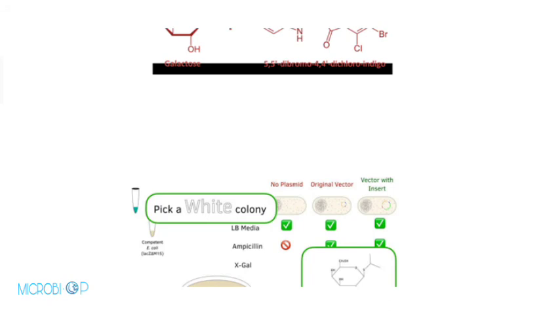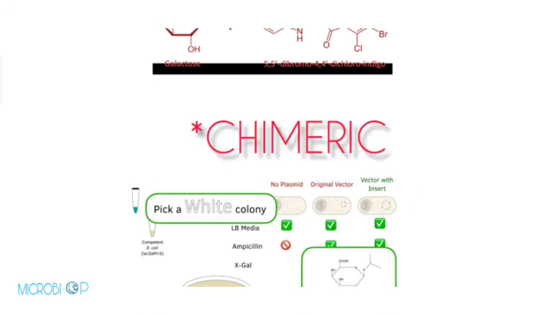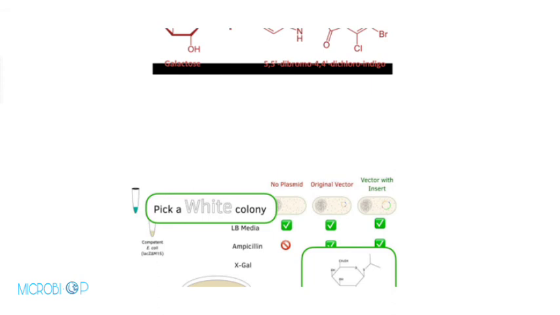Blue colonies are produced when the N terminal remains as it is and no DNA insert has been added, and white colonies are produced when the N terminal has been cut and DNA has been added. That means the chimeric DNA, or chimeric plasmid hybrid, has formed.